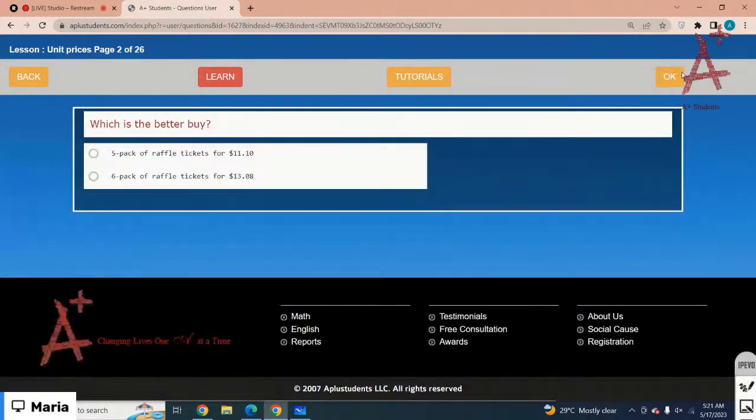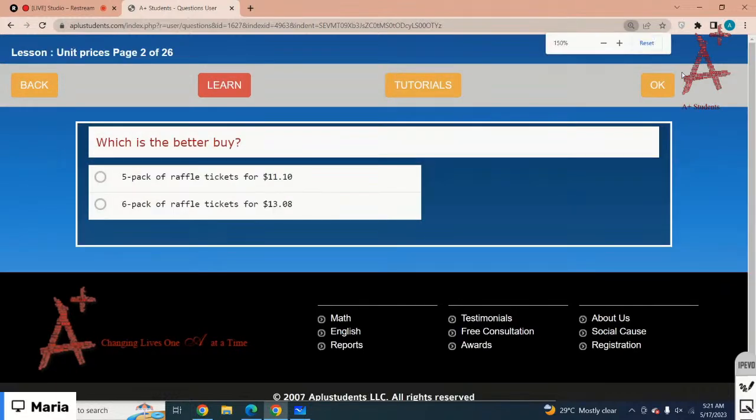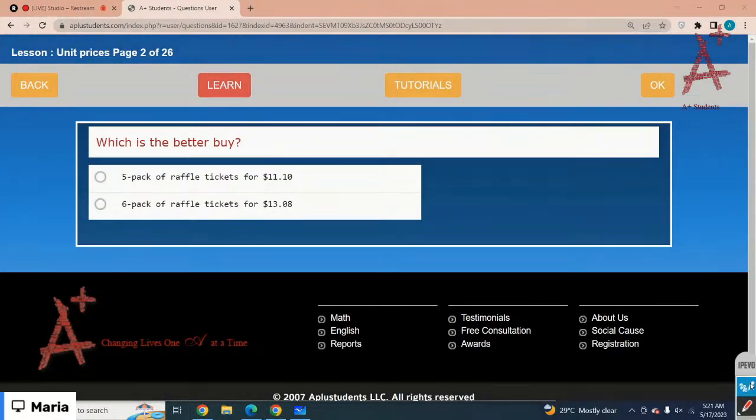Okay, which is the better buy? A 5-pack of raffle tickets for 11.10 or a 6-pack of raffle tickets for 13.08. You need to see which costs less. Got it? The one that costs less is the better buy. Just calculate the unit price of one item. Let's see which one is good.